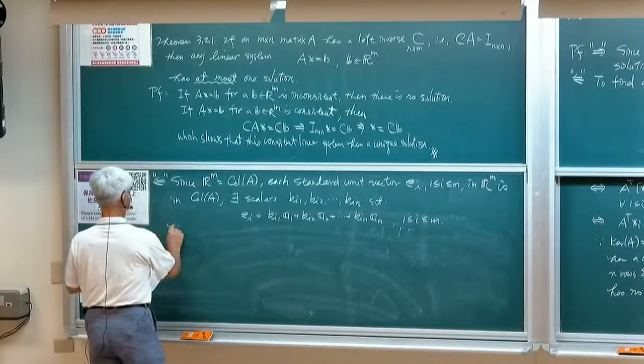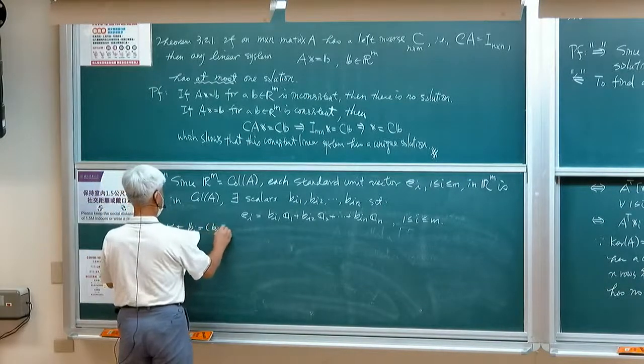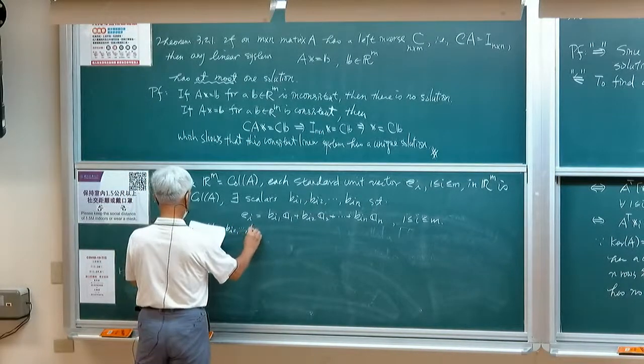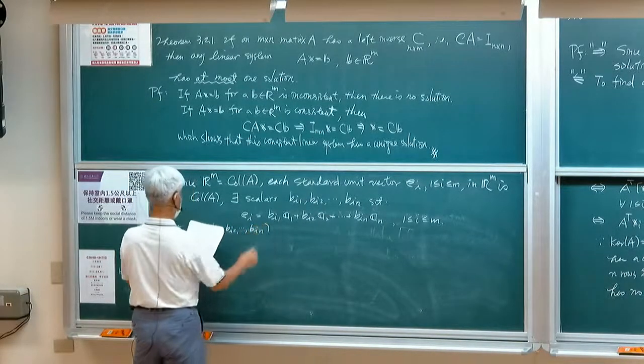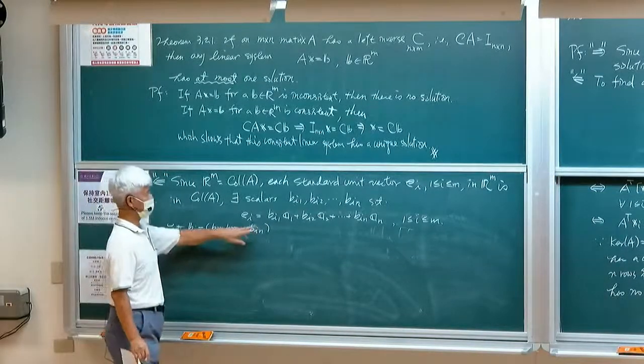Alright, so we let bi be a column vector which puts all the coefficients together.